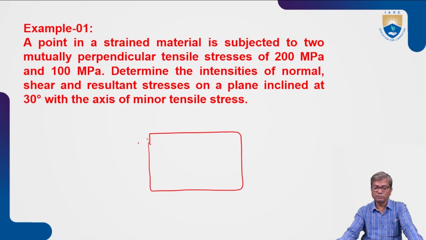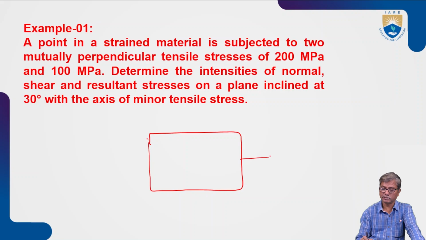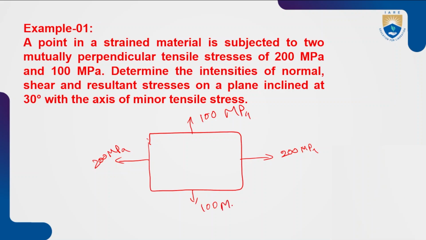A point in a strained material is subjected to two mutually perpendicular tensile stresses. Tensile stresses. So one is 200 megapascals, Newton per mm square, megapascal means. And the other one is 100 megapascals. Okay.